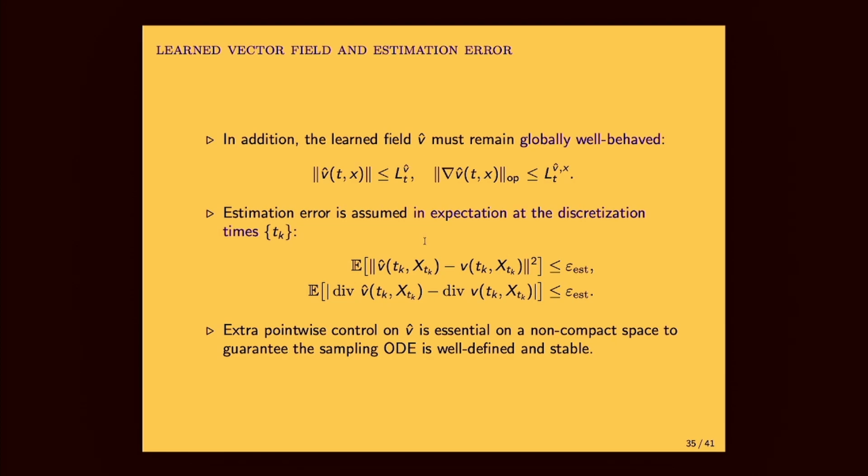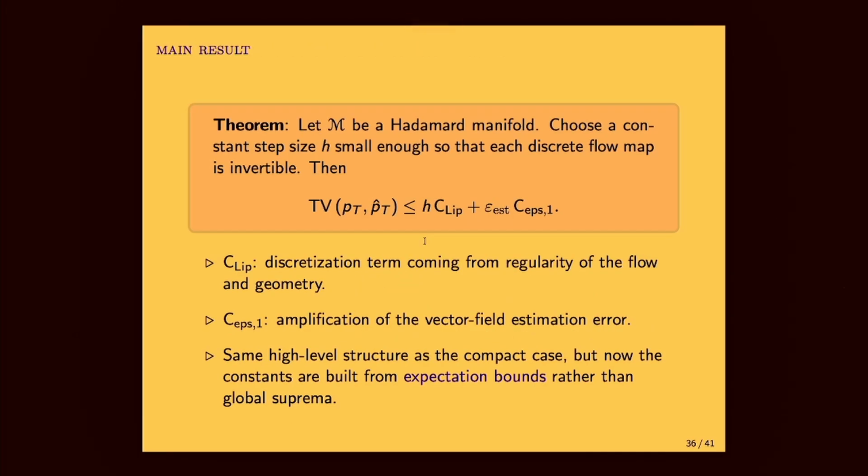But solving that and answering questions about that is an open question, right? And similarly, the accuracy of the velocity field estimator, we assume it holds in expectation rather than uniformly like in the compact case. Then we have a similar result, except that the constants are slightly different. The result is structurally the same.